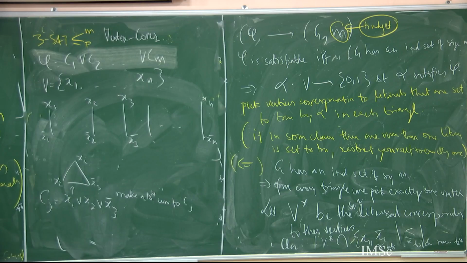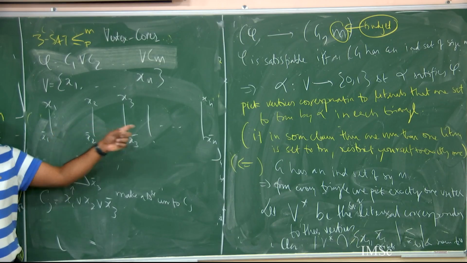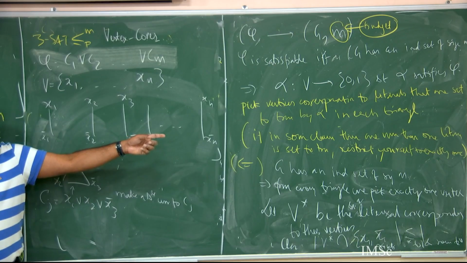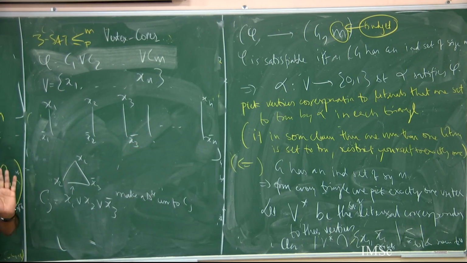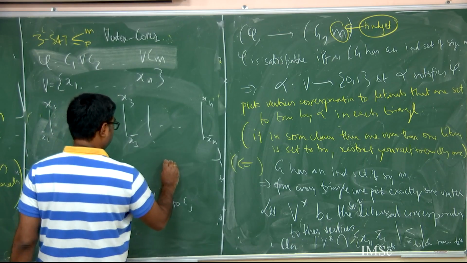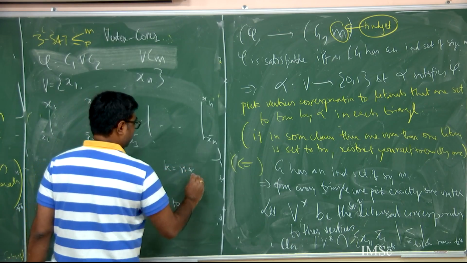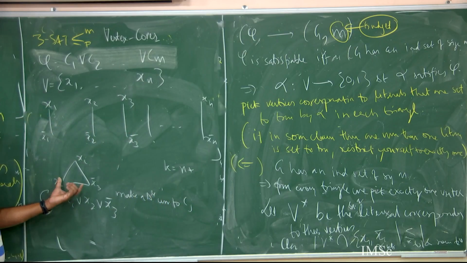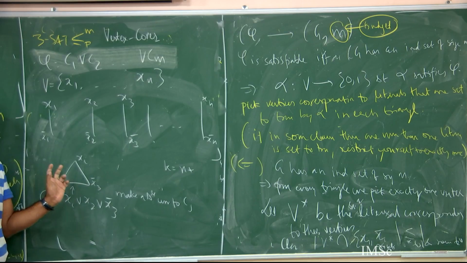Now let's think about it. Any vertex cover must pick one vertex from each variable edge because they are matching edges, right? So my budget for vertex cover k is at least n plus something. Now whatever I do, can I cover all three edges of the triangle with one vertex? No. I need two vertices.